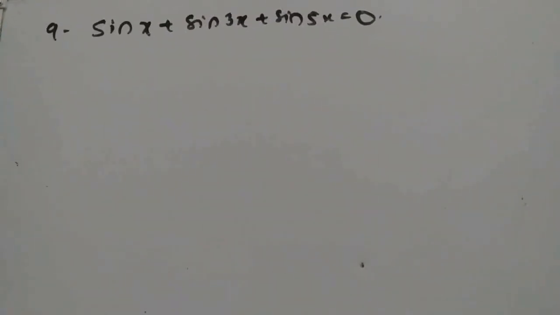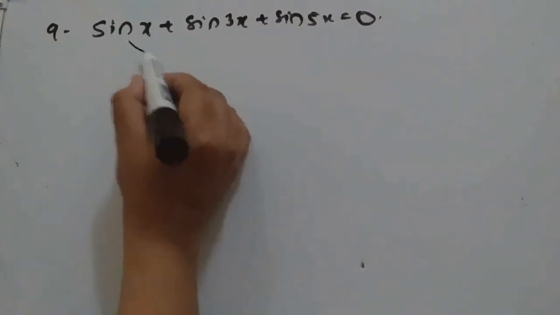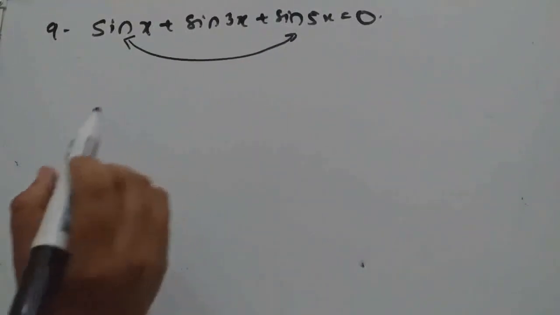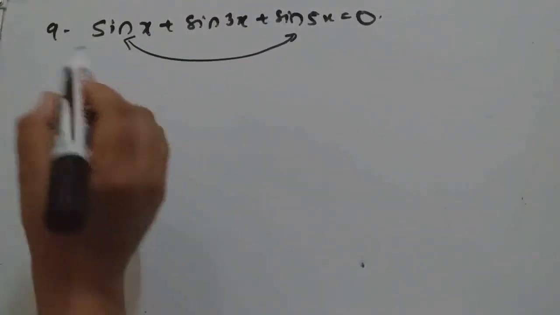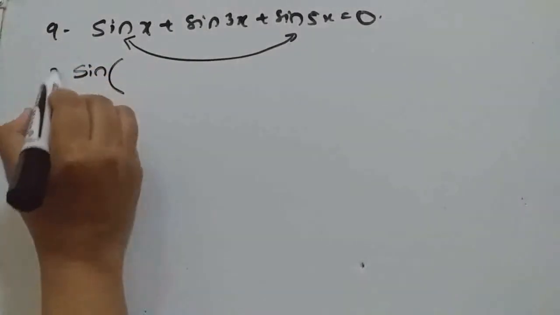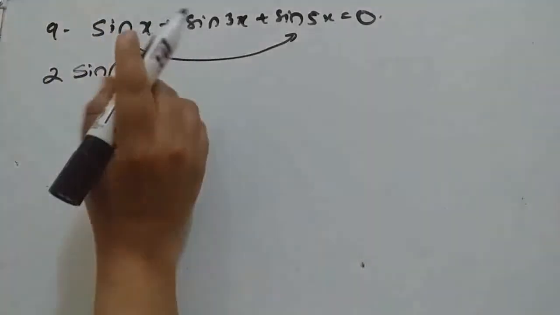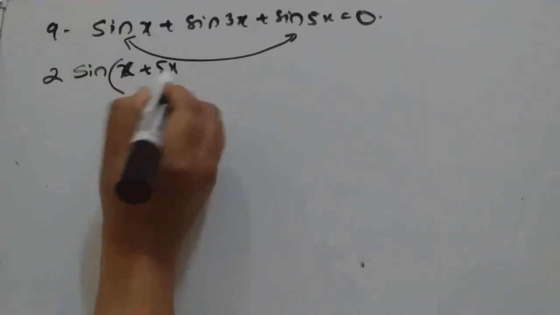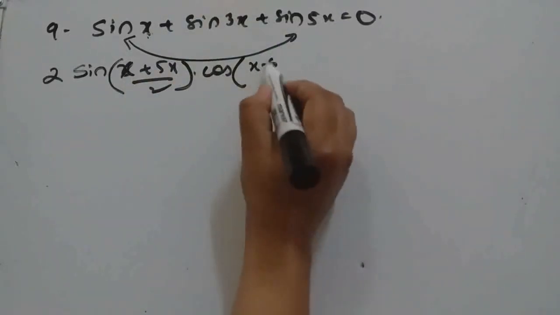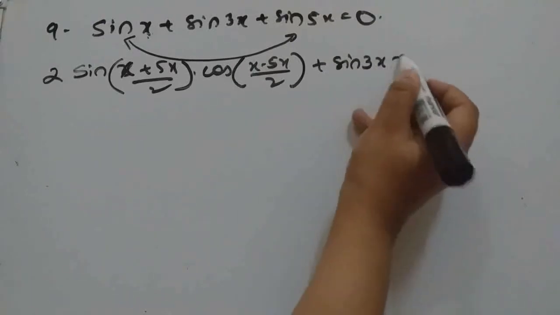sin x plus sin 3x plus sin 5x equal to 0. So we will do one thing: for sin 5x and sin x we will apply the formula sin a plus sin b, which is 2 sin of (a plus b) by 2, here 6x by 2, times cos of (a minus b) by 2, plus sin 3x the same.